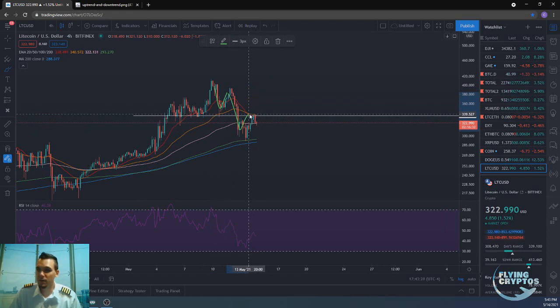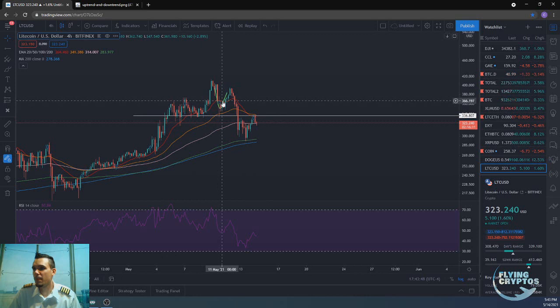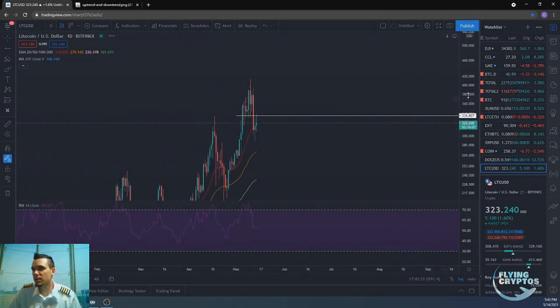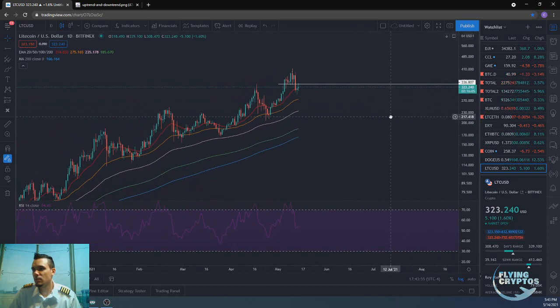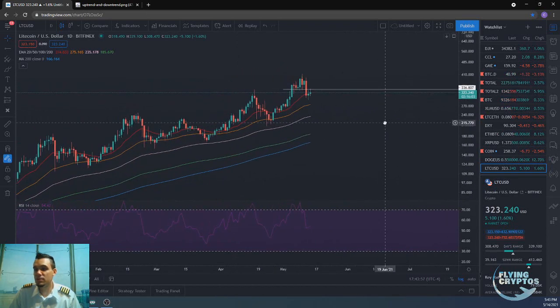But if we reject off this level here, we'll have that 4-hour downtrend. This could be a bottom. If we set a higher low and continue back up, go up to the daily. Now this is a daily uptrend.